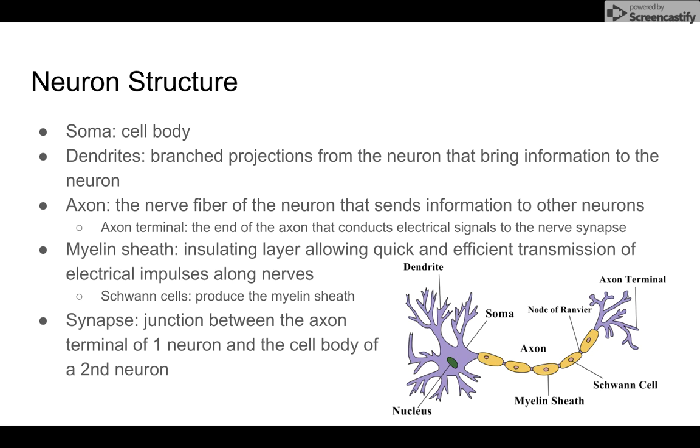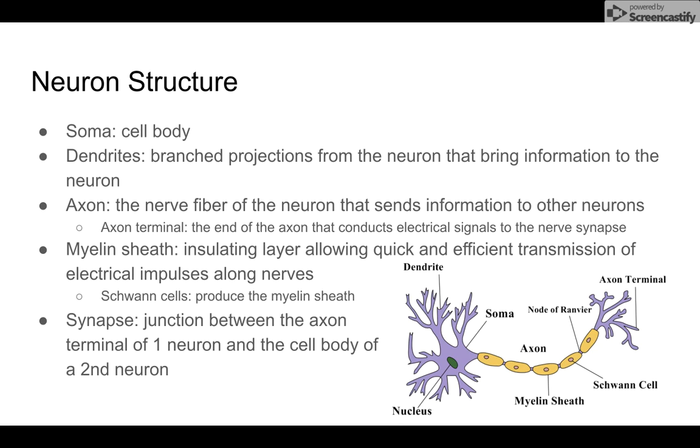Next, we'll go into a little bit of neuron structure. Starting out, you can see the diagram below shows the soma, which is the cell body. Next, dendrites bring messages into the neuron. The axon is the nerve fiber that sends information to other neurons.